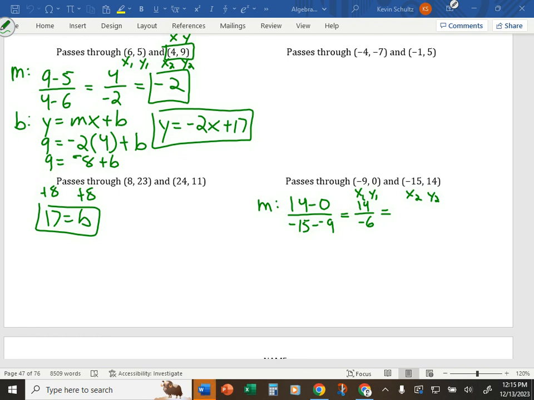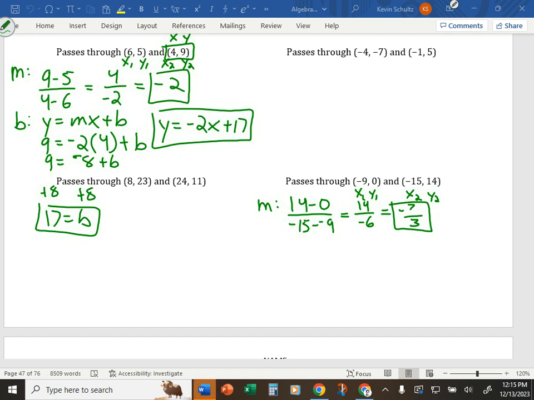What does 14 over negative 6 simplify to be? They're both even, so let's divide by 2. 14 divided by 2 equals negative 7. 6 divided by 2 is 3. Our slope is negative 7/3.